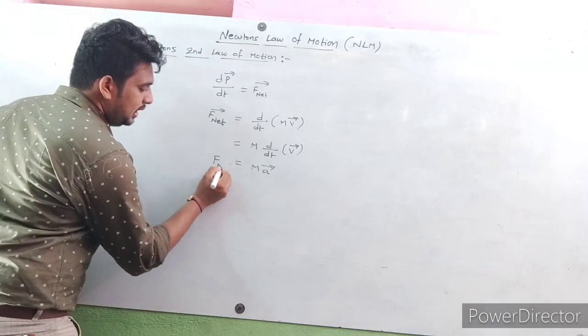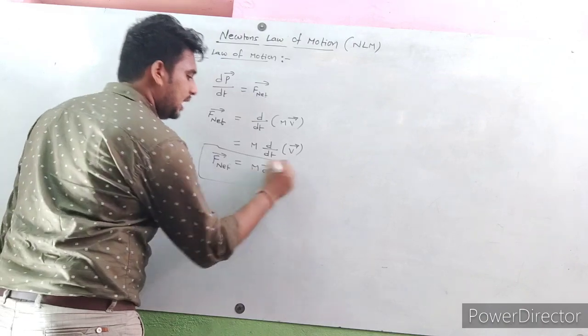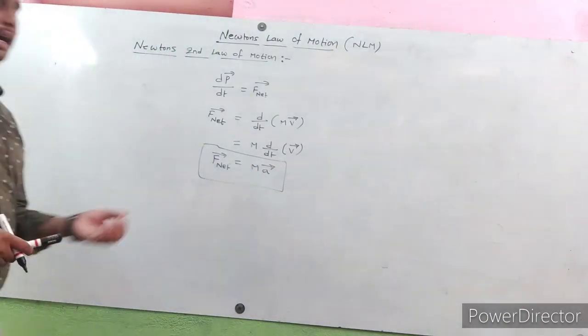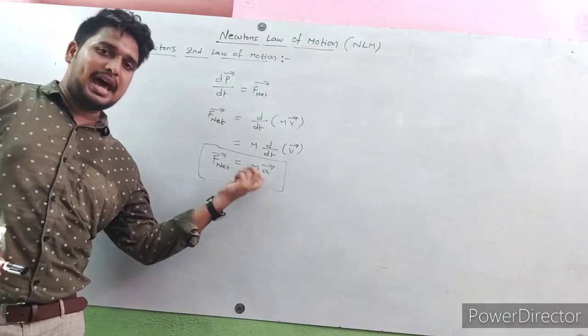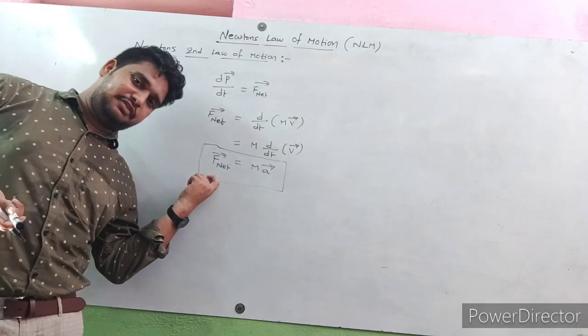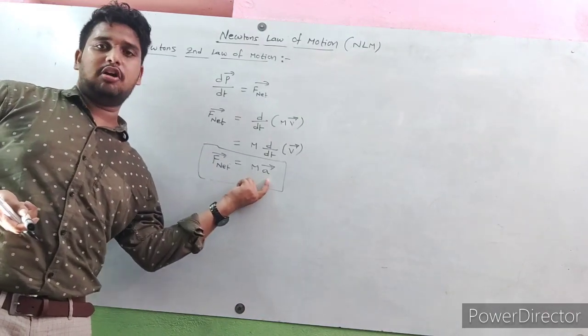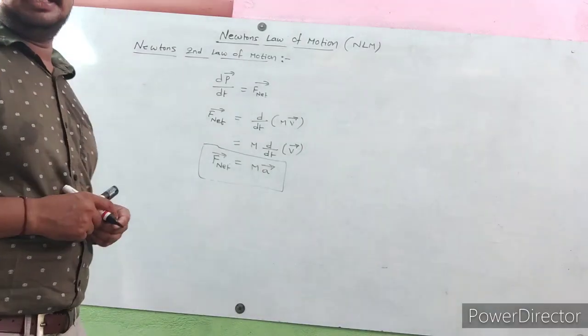So f bar net is equal to mass into acceleration. A few minutes back I explained the direction of net force is along the direction of acceleration. Does it satisfy this equation or not? The direction of net force is always along the direction of acceleration. This is called Newton's second law derivation.